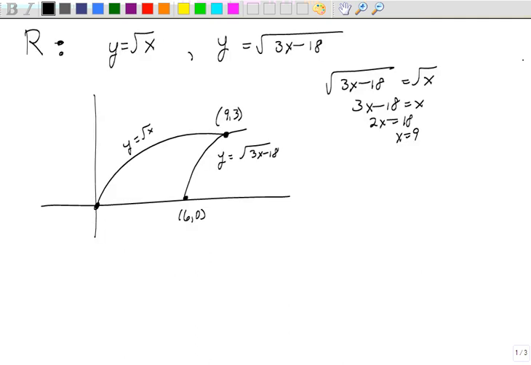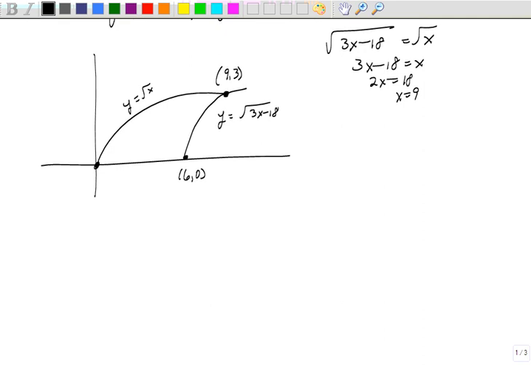So if I do it vertically, going up and down, we have to split it up because the top function and the bottom function change. From 0 to 6, the top is this function and the bottom is the x-axis. From 6 to 9, we have the function here and the function here being the top and the bottom.